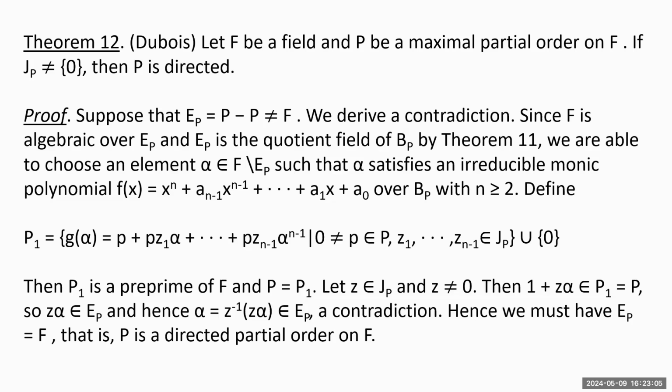Then we subtract 1 from both sides, so Z times alpha will be in E sub P. Now we take the inverse of Z on both sides, because E sub P is the quotient field of B sub P. So this Z is in J sub P, that will be in B sub P, so the inverse will be in E sub P because E sub P is the quotient field of B sub P. That means alpha will be in B sub P, so that will be the contradiction.